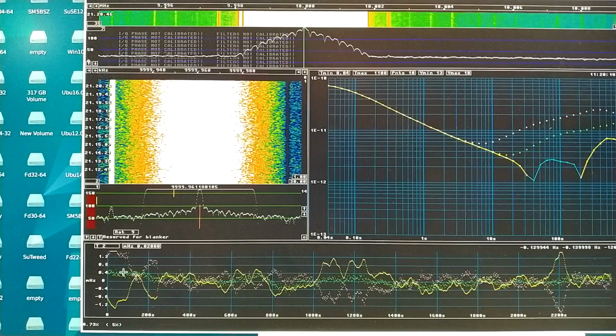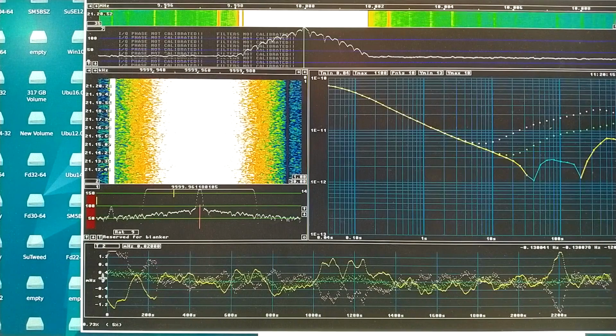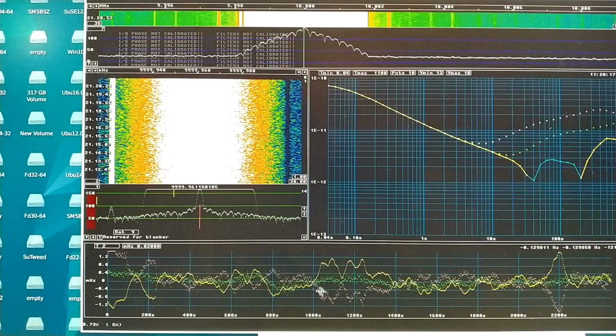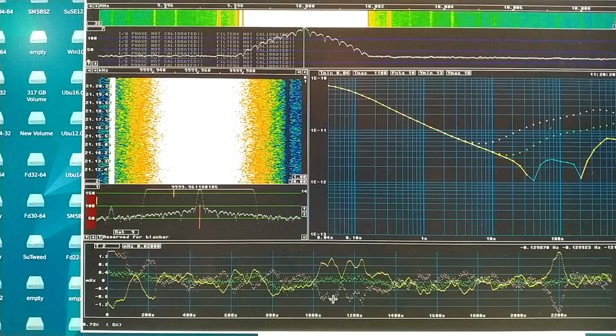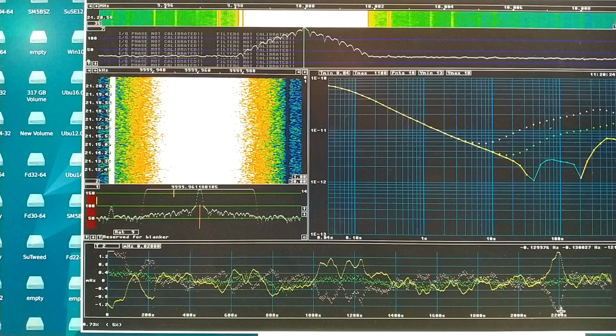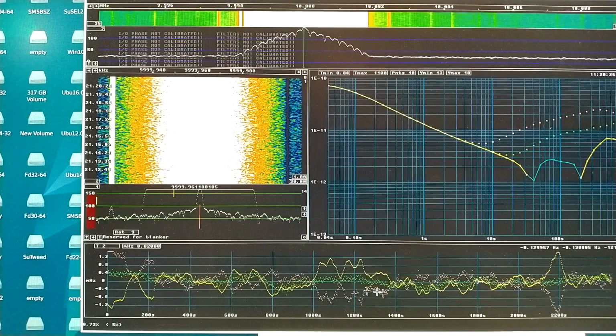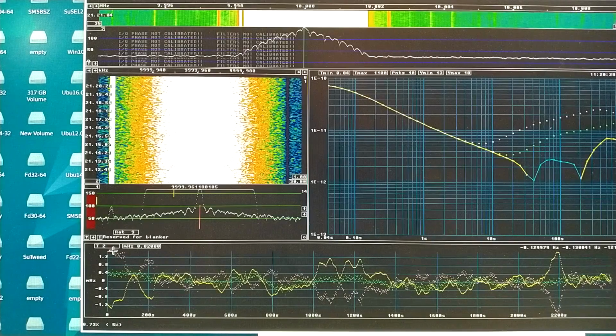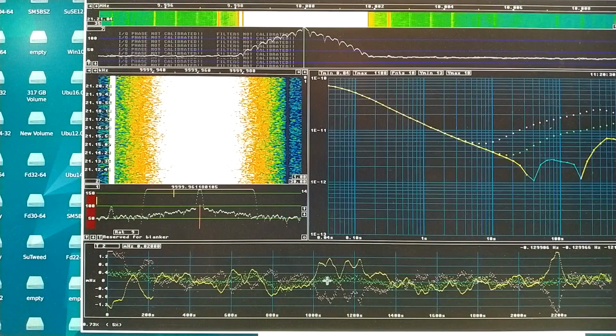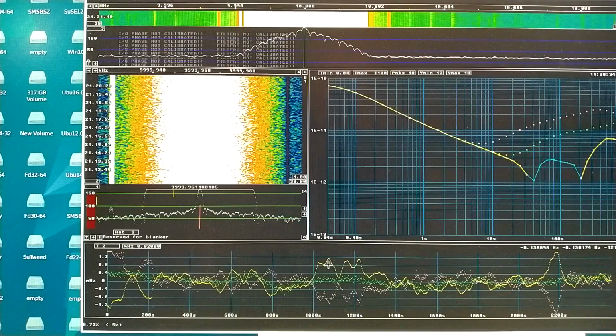But we can see that the green trace is fairly close to 0 frequency offset, while the red goes easily plus minus 0.8 or so. Here it is minus 1.2, and here it is plus 1.2. And the difference is up to nearly 1 millihertz.